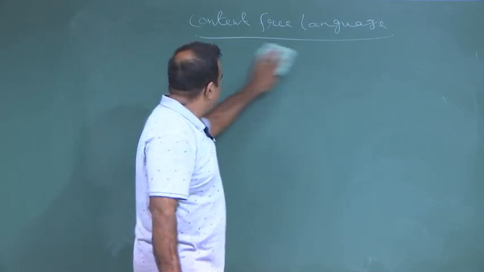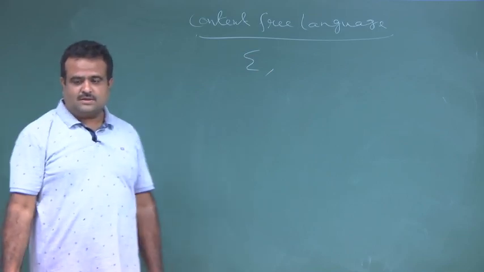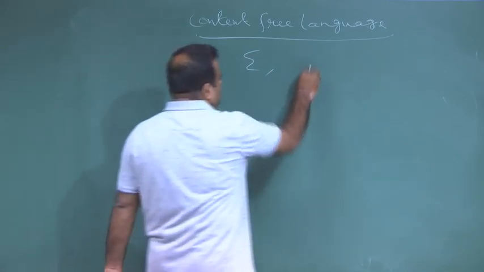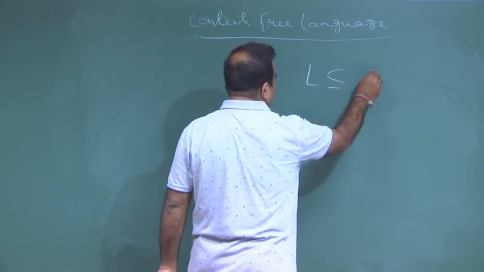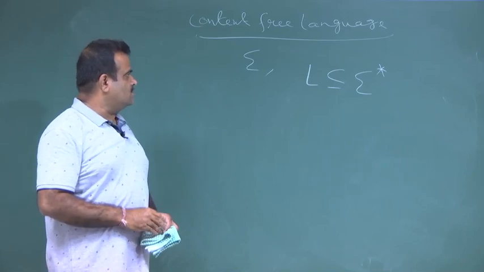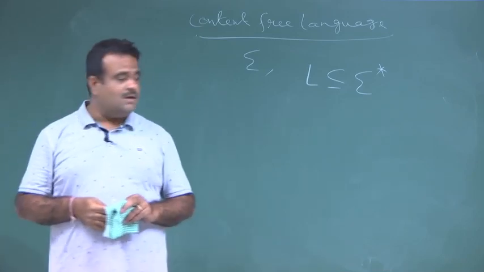So we have an input alphabet, also called terminals in the sense of context-free grammar, and we have a language L, which is a subset of sigma star, which consists of the strings coming from the alphabet sigma.